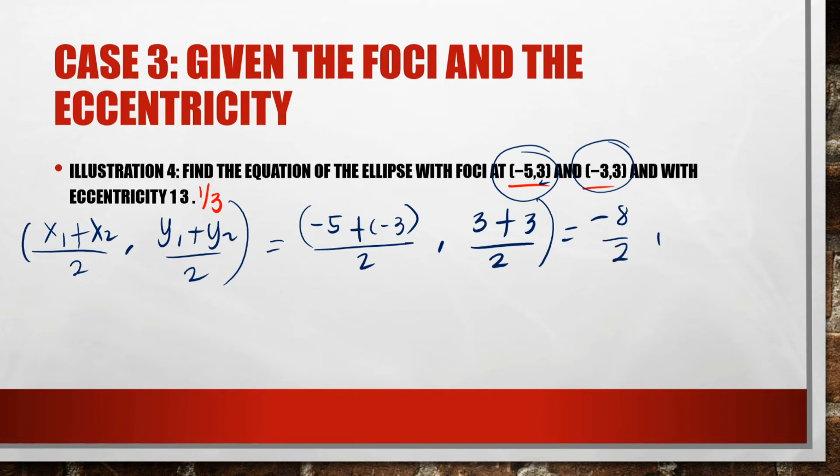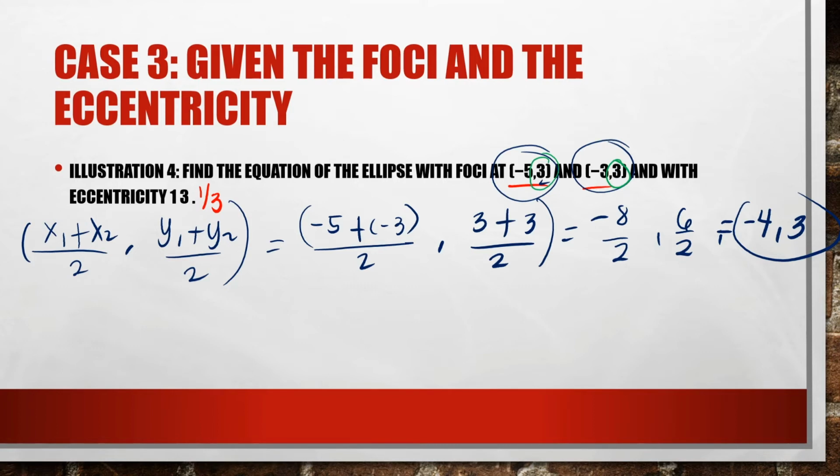And 3 plus 3 over 2 is 6 over 2. So, finally, magiging negative 4 and 3. So, kung mapapansin nyo, yung coordinates nung foci ay pareho, parehong 3. Ibig sabihin, nakaparallel siya with the x-axis. So, again, isa siyang horizontal ellipse.